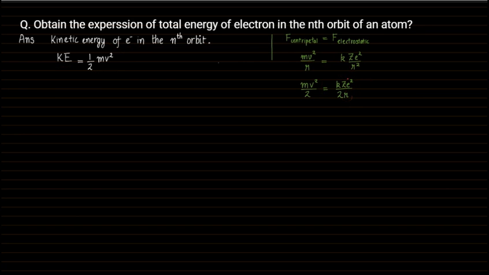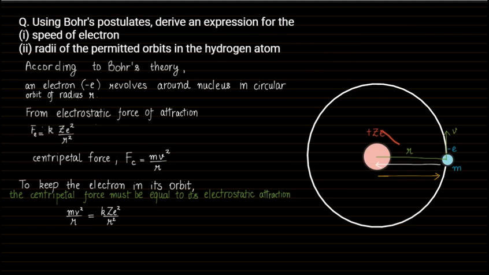Now since this is a positive charge and this is a negative charge, there is some force which this positive charge is exerting on this negative charge. That means this negative charge is attracted to this positive charge, and it is due to the potential. So the electron has potential energy.